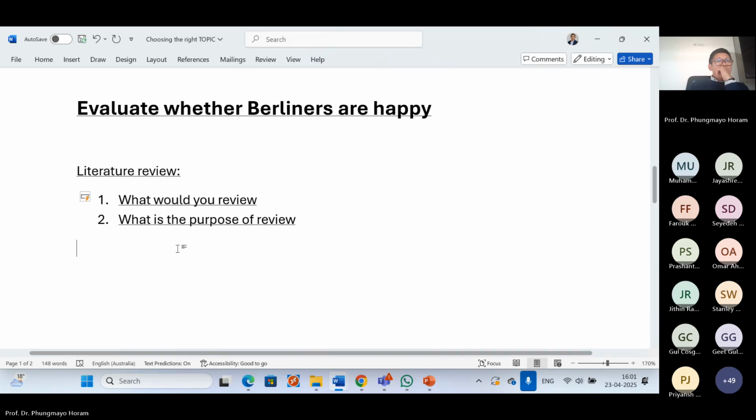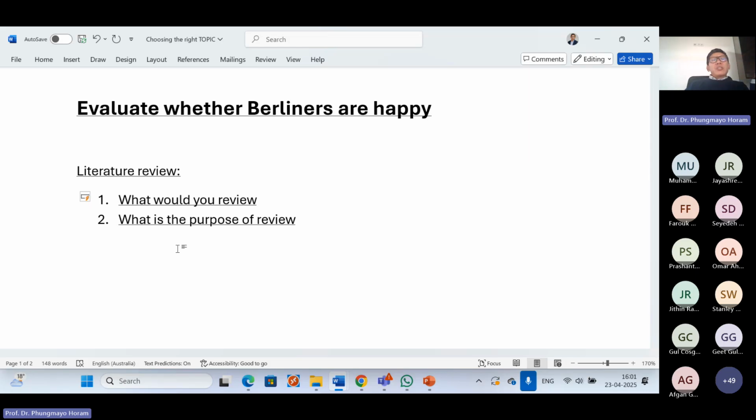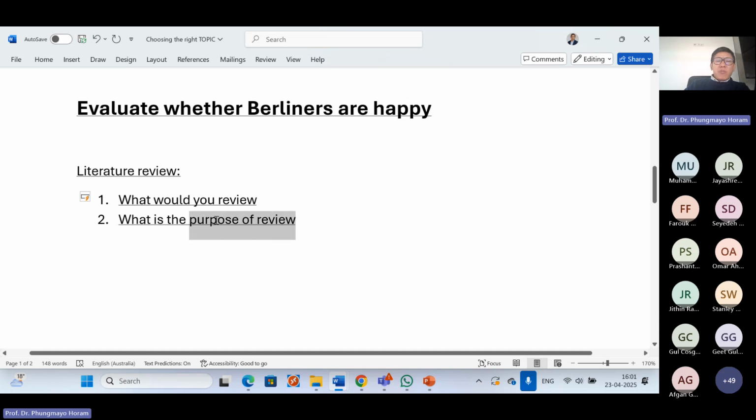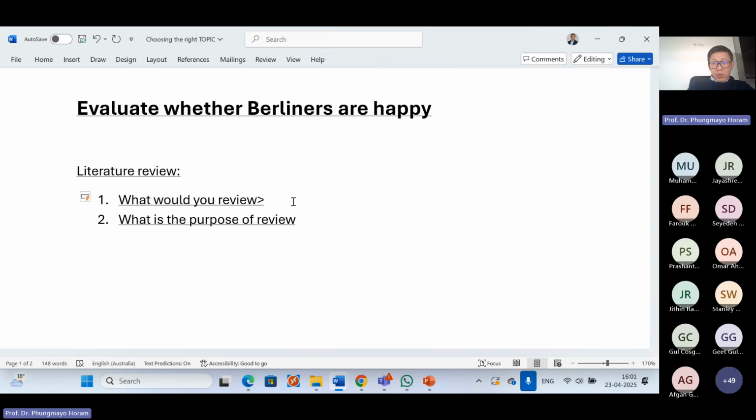What would you review? What is the purpose of review? So if your thesis title is evaluating whether people in Berlin are happy, when you do literature review, what would you review and what is the purpose of the review? Can anyone answer this question? What would you review?